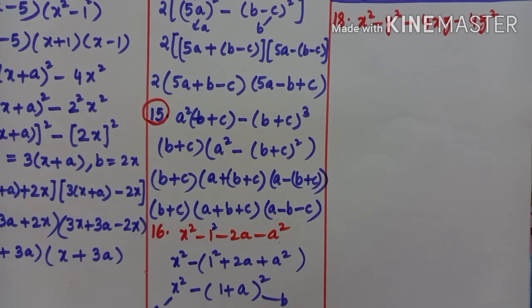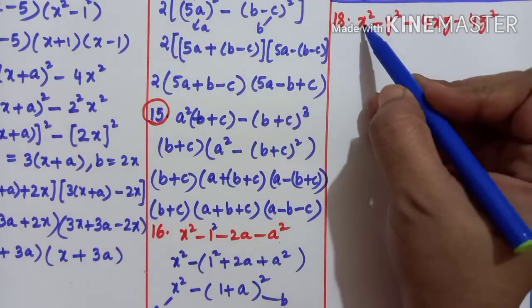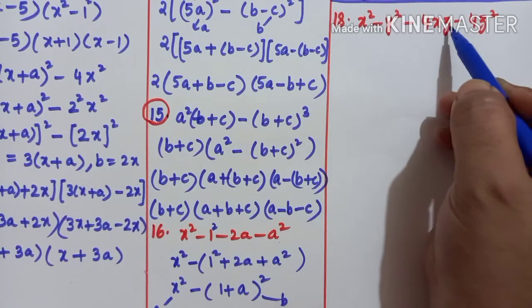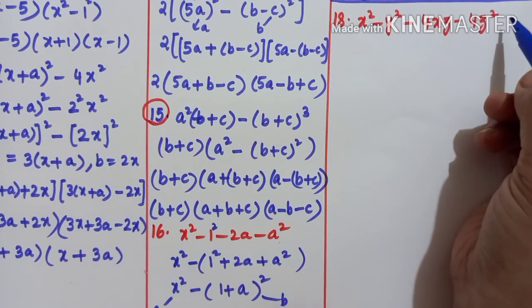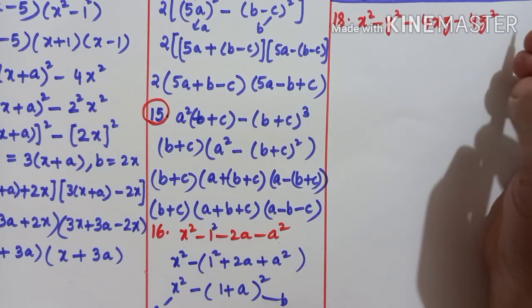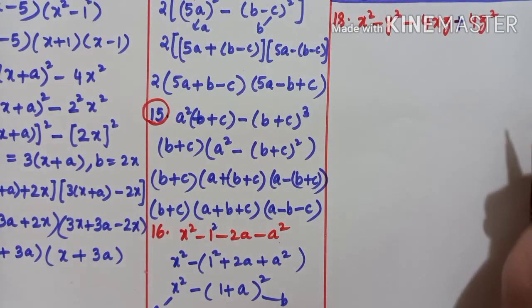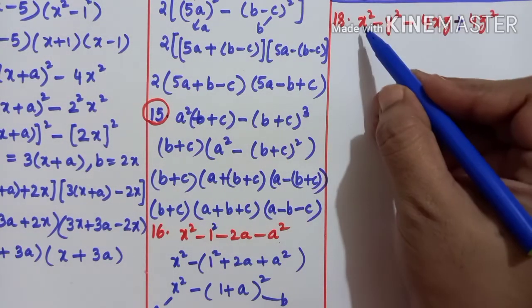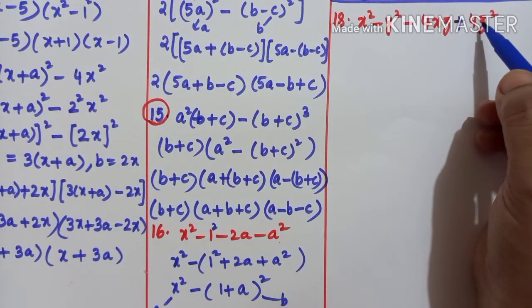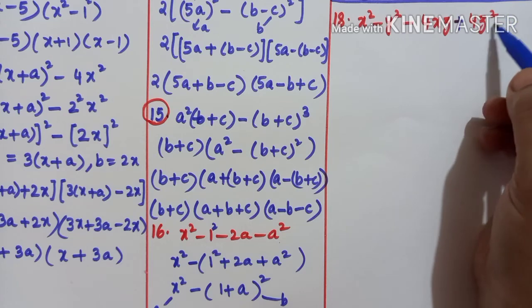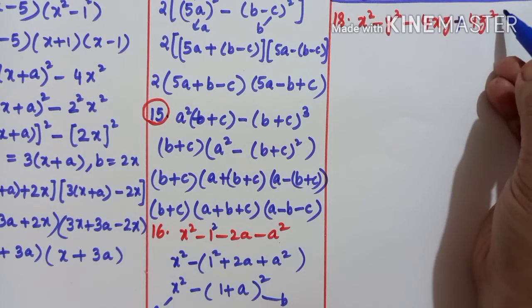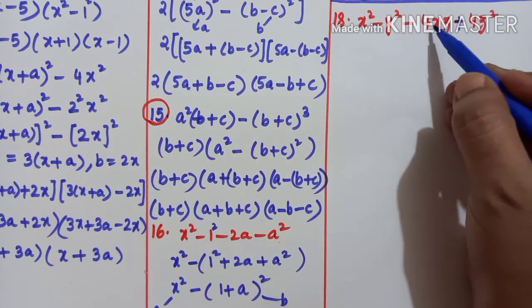Now let's go to the 18th problem. See here, x square minus y square minus 4xz minus 4z square. So this is actually plus 4z square. Here you can see x square and 4z square. This one, x square plus 4z square you can take, then minus 4xz.